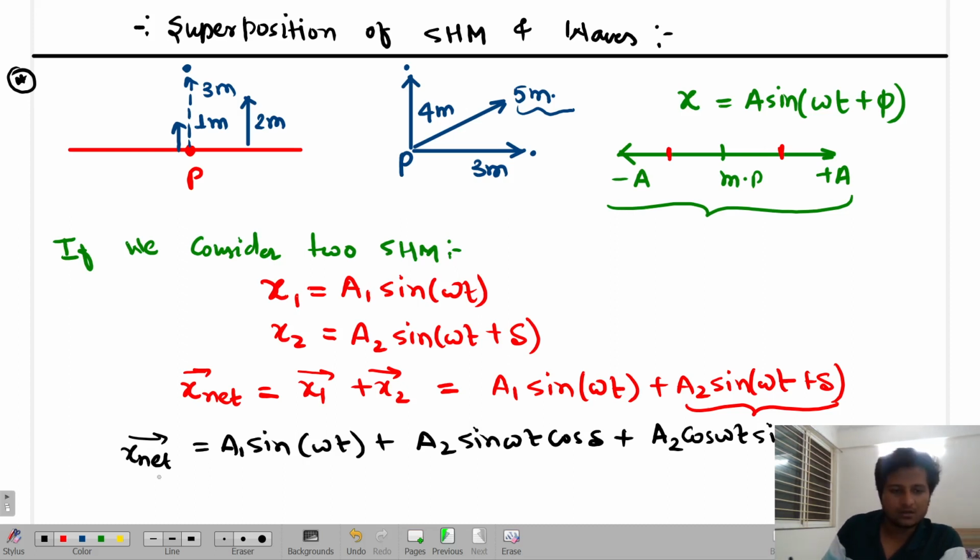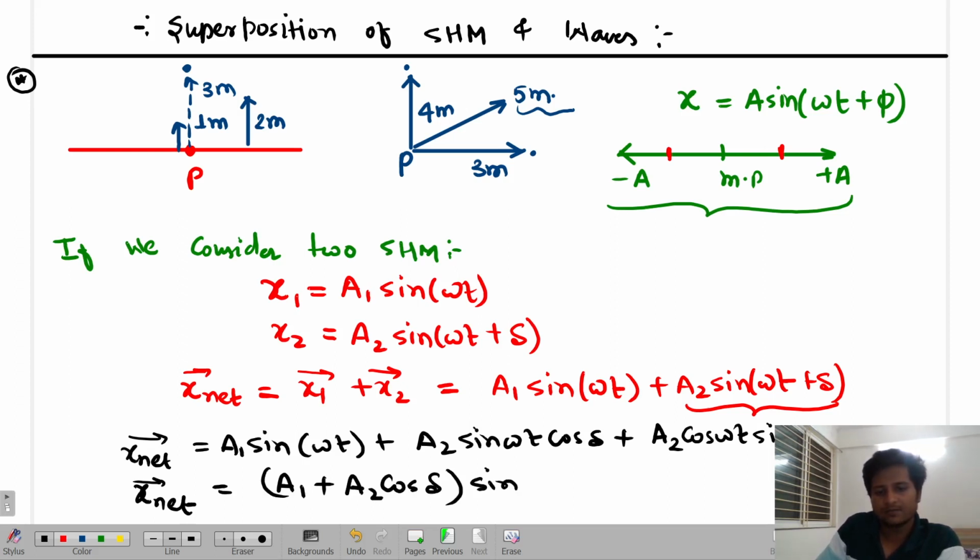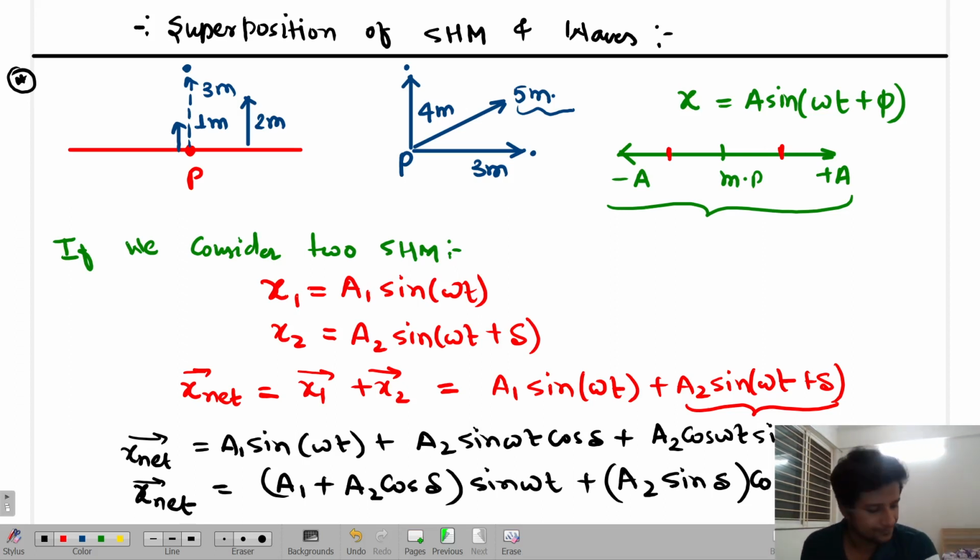So basically, we'll try to take sin omega t common. So you're left with (a1 plus a2 cos delta) sin omega t plus a2 sin delta cos omega t. Did you get this relation? Are you able to get me?